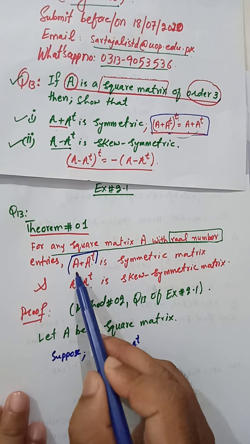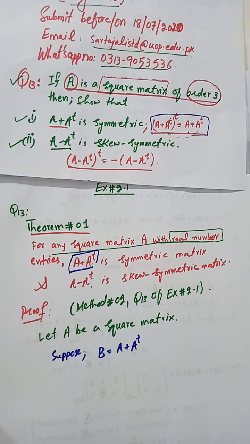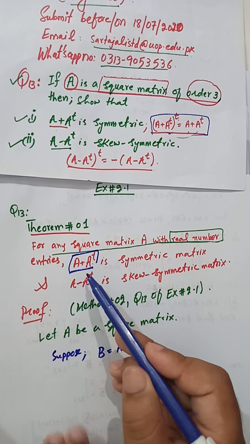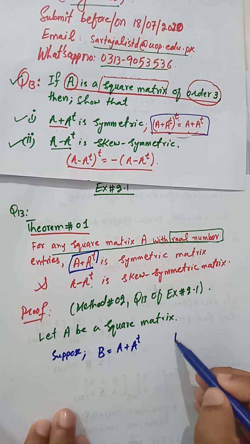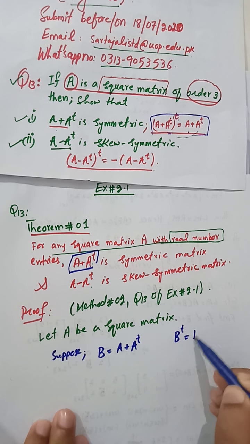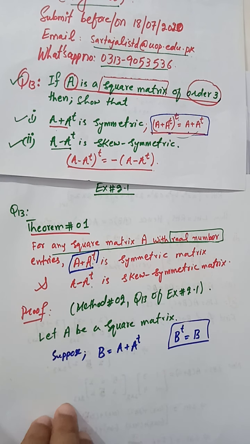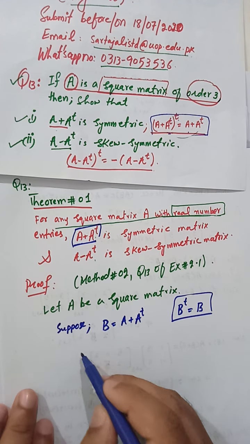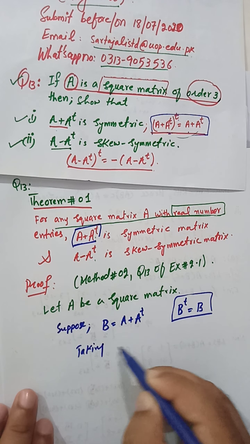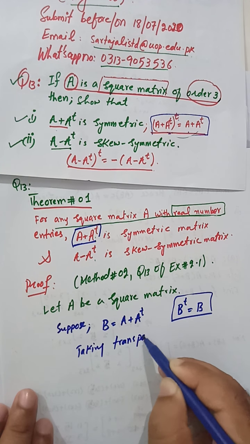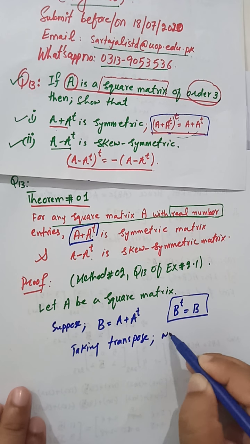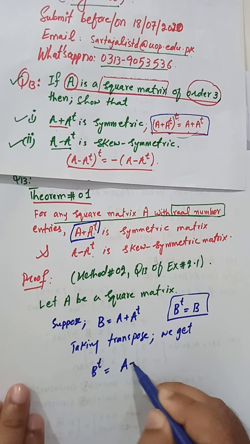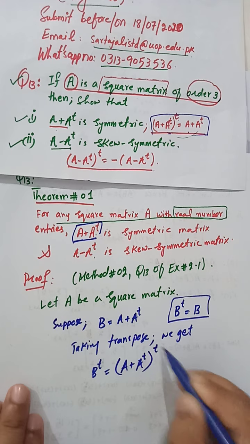I am checking that A plus A transpose is symmetric, so I name this matrix B. If I want to show A plus A transpose, which is equal to B, is symmetric, my target is to show that B transpose is equal to B. Taking transpose on both sides of the above equality, we get B transpose equals A plus A transpose whole transpose.